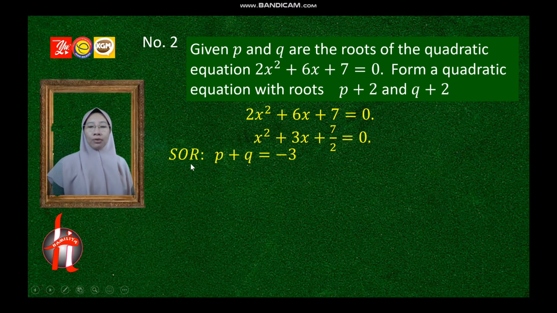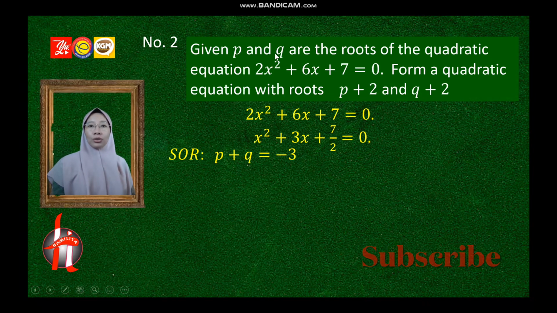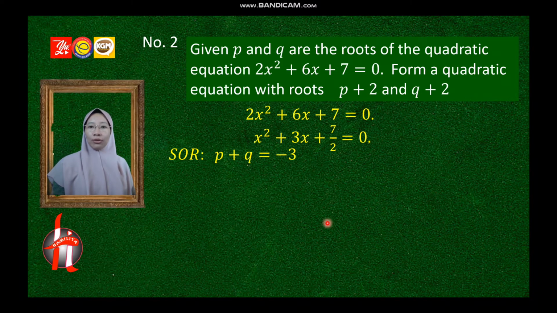So from here, we identify the sum of roots. The roots are p and q. So the sum is p plus q equals to negative 3. So the sum of roots is negative 3. And the product of roots is 7 over 2. The roots are p and q, so p times q equals to 7 over 2.